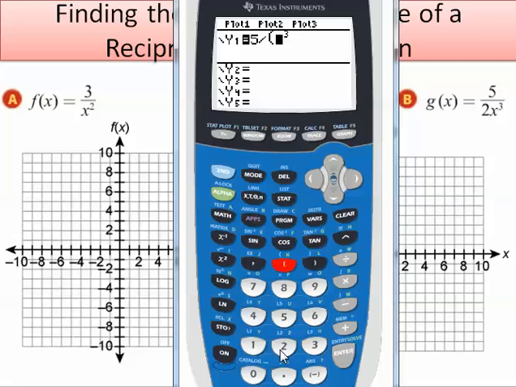Let's see here. 2x to the third power, and we'll put parentheses around that, and delete that. It's not letting me delete the thing I want to delete. Okay, there it goes. Got it that time.